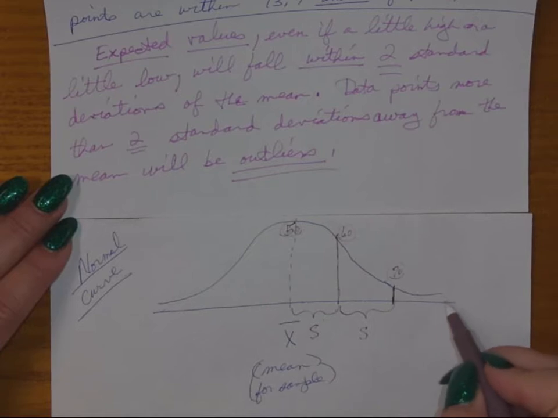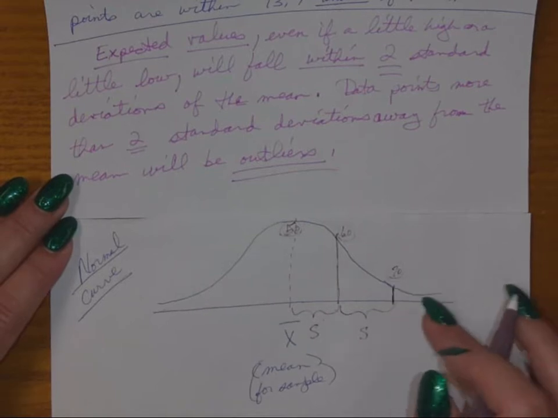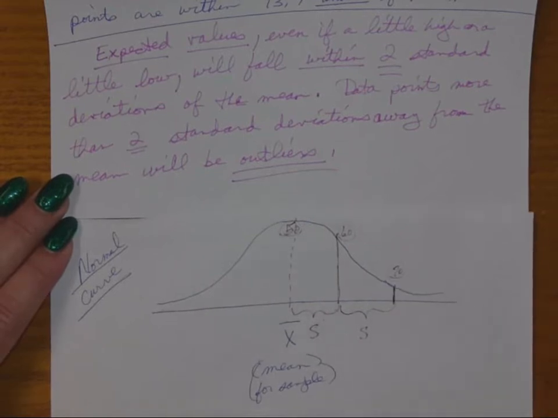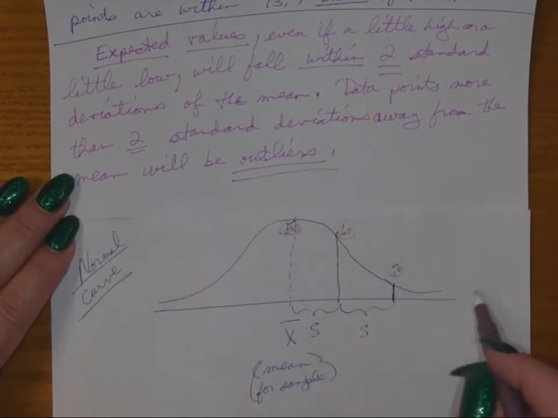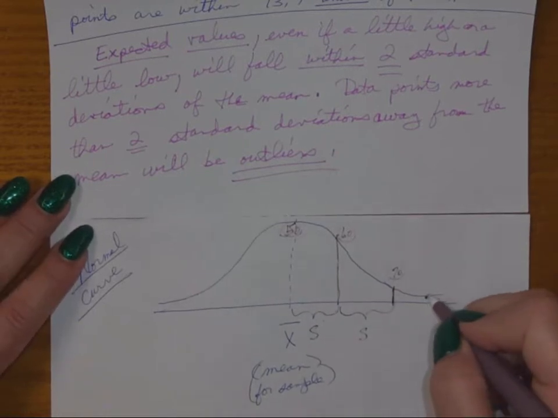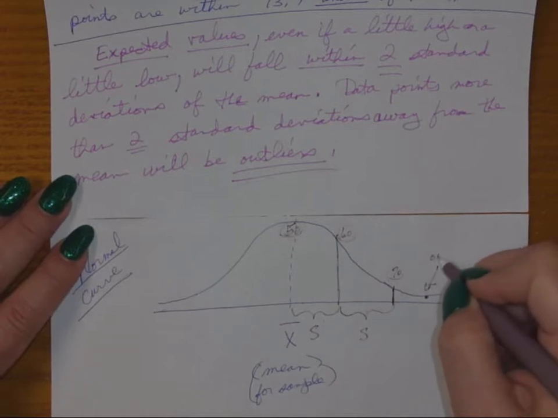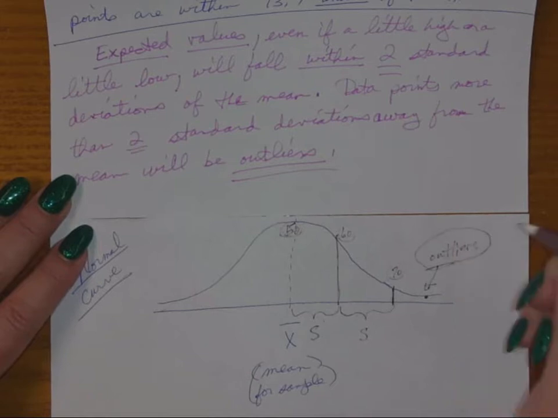But what if I had a data point way up here that was like a 93? In this case, it would be on the tail, more than 2 standard deviations above my mean.